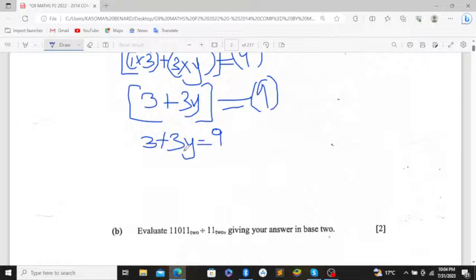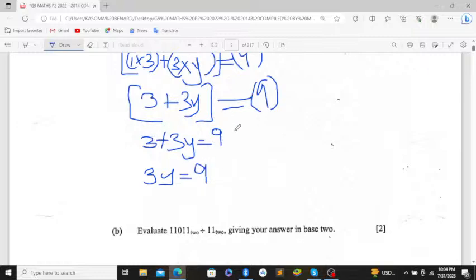Now we are going to rearrange the numbers and put the like terms together. We are going to remain with the term that has y on one side of the equal sign, so we have 3y is equal to 9.